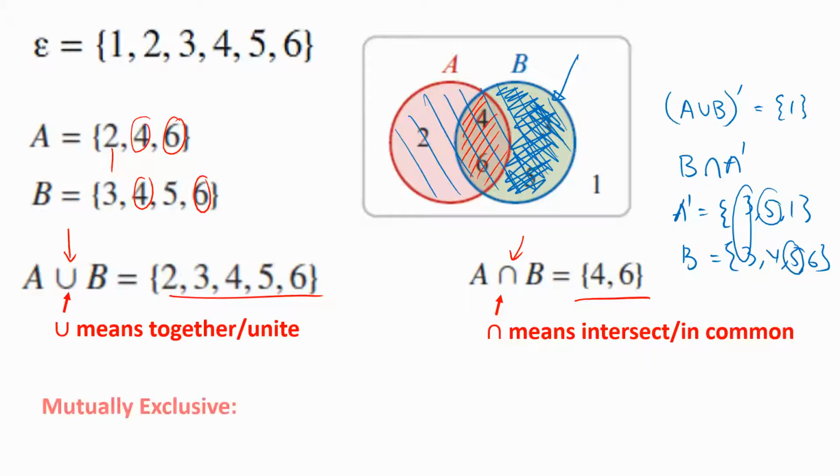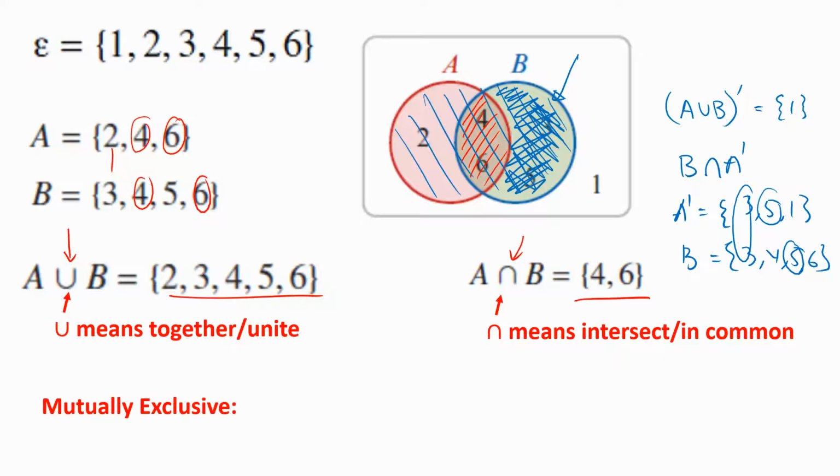All right. Now, the last one, just to add on in terms of your diagrams, what does mutually exclusive mean again? There's only one real definition for it. It's very simple. What does it mean? Yes, Jonathan? Yeah, literally.